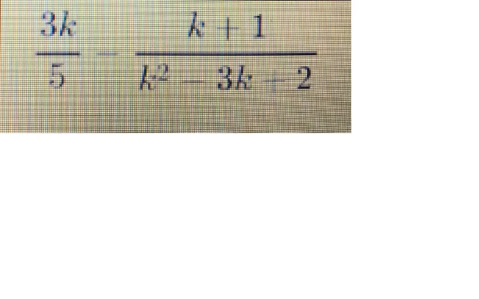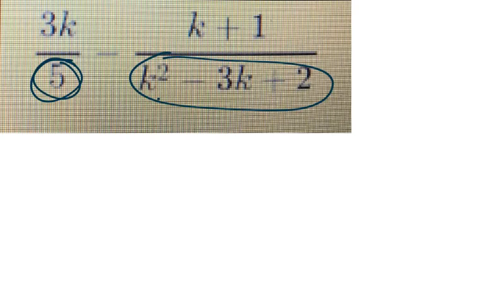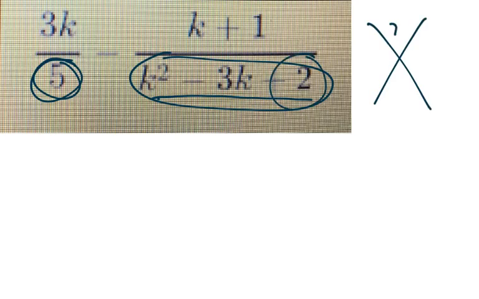So the first thing we have to do to handle this, guys, is see how the denominators are different. So I have to factor the denominators. 5, of course, I can't factor, but this right here, I can do an X on it. I need a 2 for my product. I need a -3 for my sum.